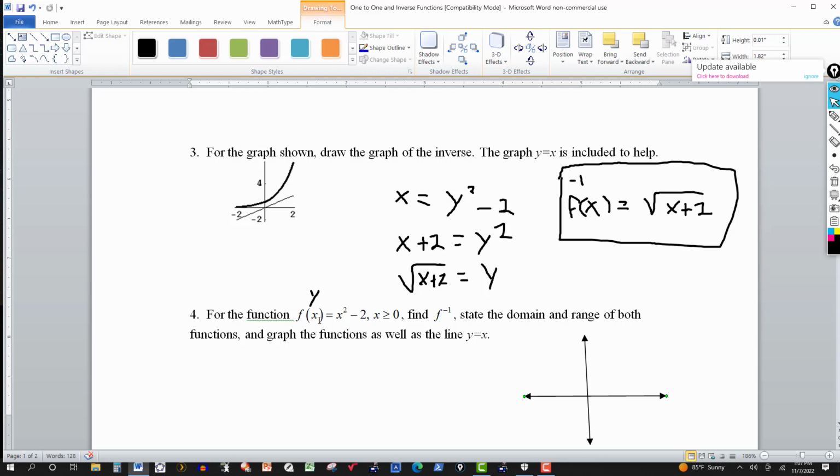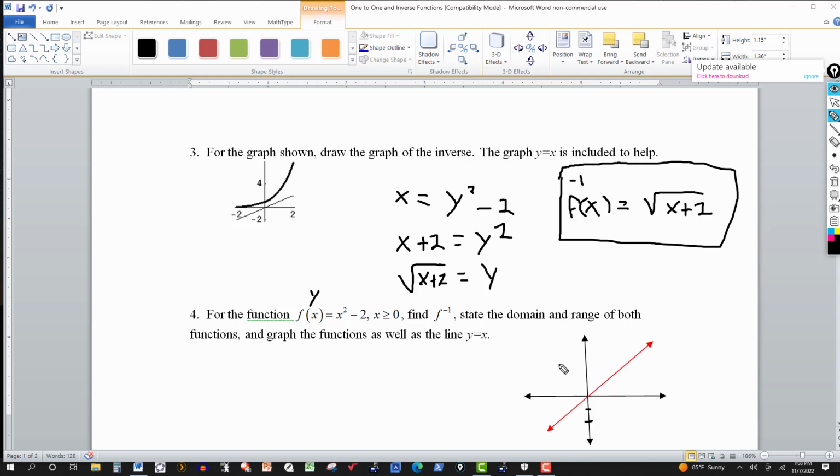The graph of the original function, x squared minus 2, is a parabola with vertex at (0, -2). Now the line of symmetry, y equals x, is this. I added on the other one, so the line of symmetry there is in red. In the graph of the parabola, the original function goes down, vertex at (0, -2).